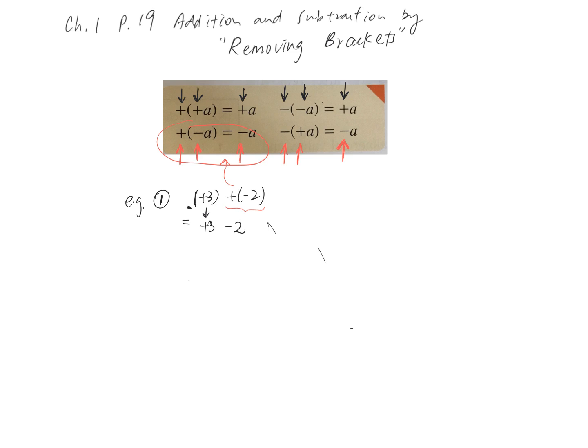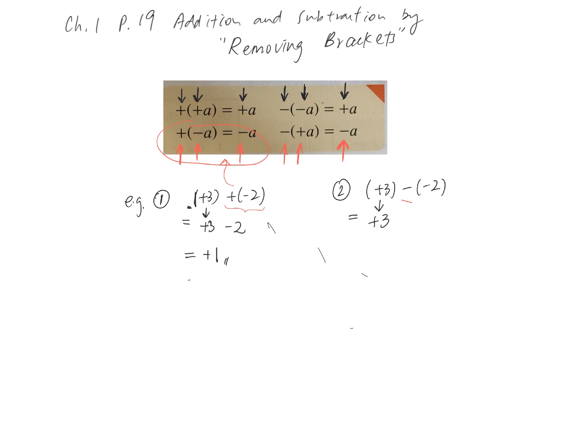So we can now work on this. A positive 3 minus 2 should be a positive of 1. So then that's done. I'll give you another example. What if I got positive 3 minus negative 2? So now here you see, first of all, the first bracket can be removed directly without changing the symbol of the number inside.